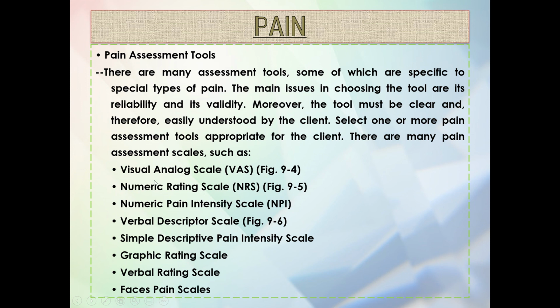So, for example, we have here the visual analog scale, numeric rating scale, numeric pain intensity, verbal descriptors scale, graphing rating scale, verbal rating phases, pain scales. So, again, these are the pain assessment tools.